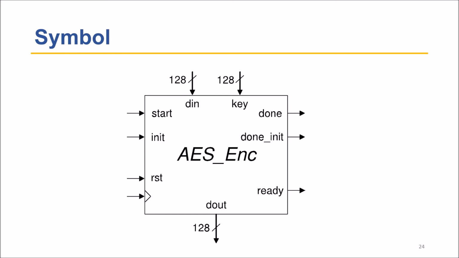After that, when the DIN is ready, the user must set the start signal to 1. In this case, AES starts to encrypt the input, and when all the rounds are done, the module must set the done signal to 1, and the output will show the encrypted message.